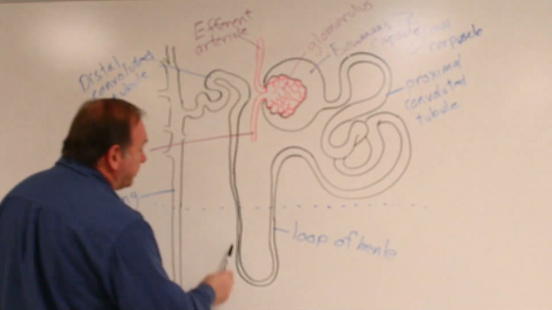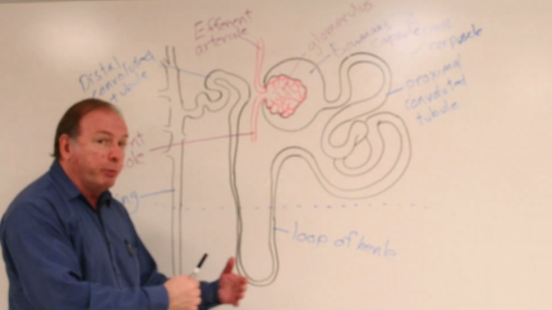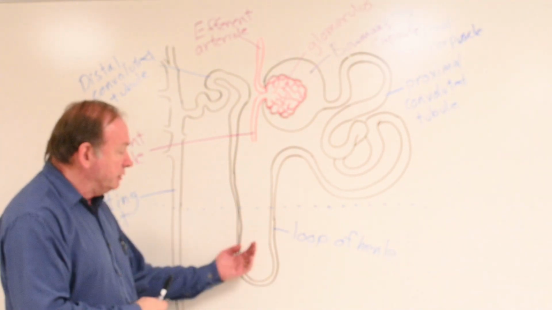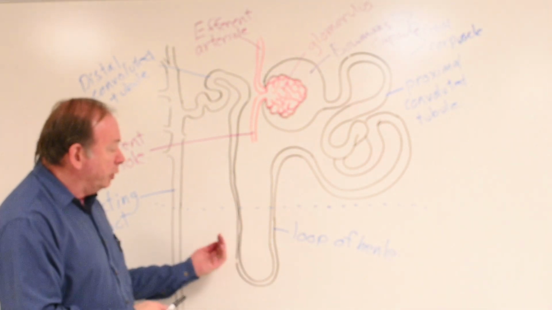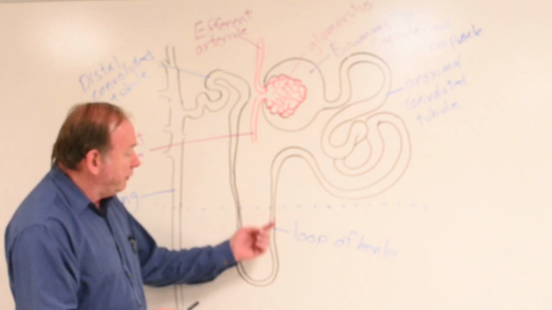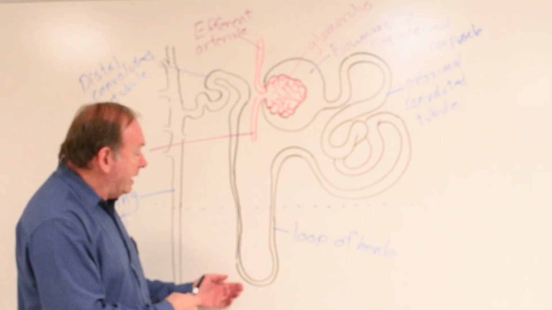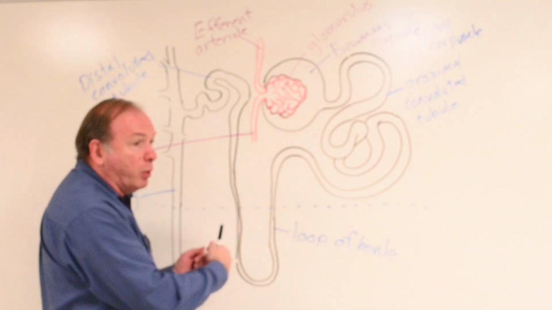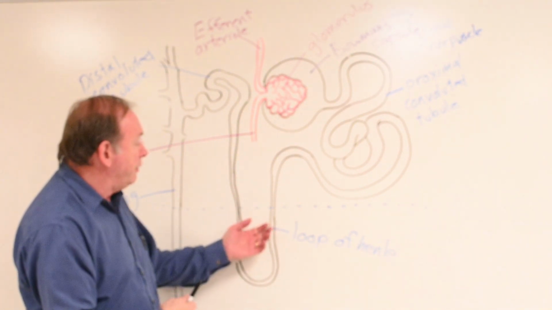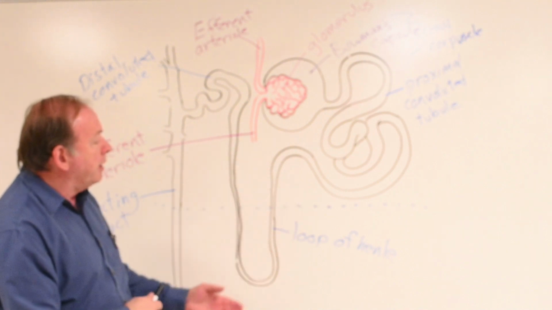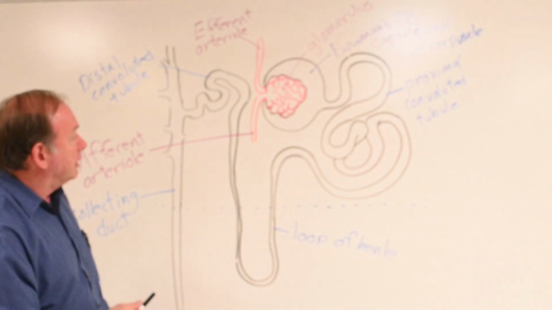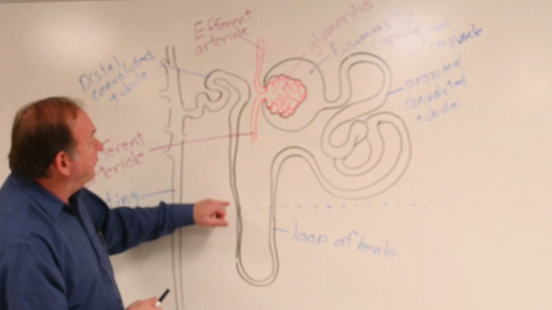So in this portion of the loop of Henle here, we're pulling a lot of solutes, a lot of sodium and chloride ions moving out of the loop of Henle. And as we add more solutes on the outside, we bring more fluids along with it. So a large part of our water retention happens here in the loop of Henle, in the medulla portion of our kidney. Eventually the fluid moves on out.